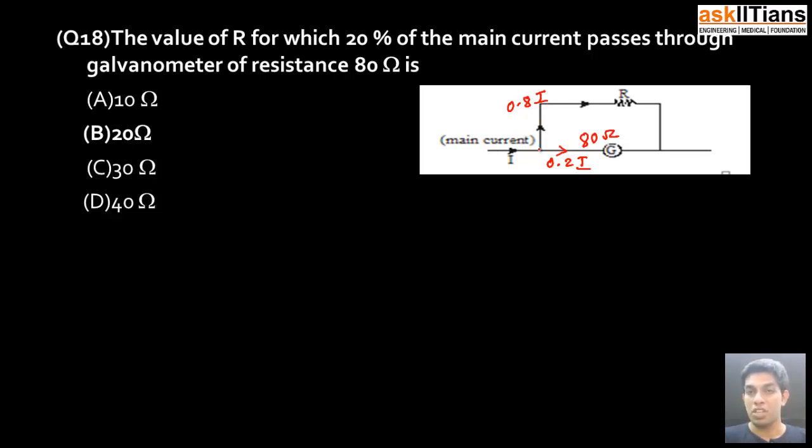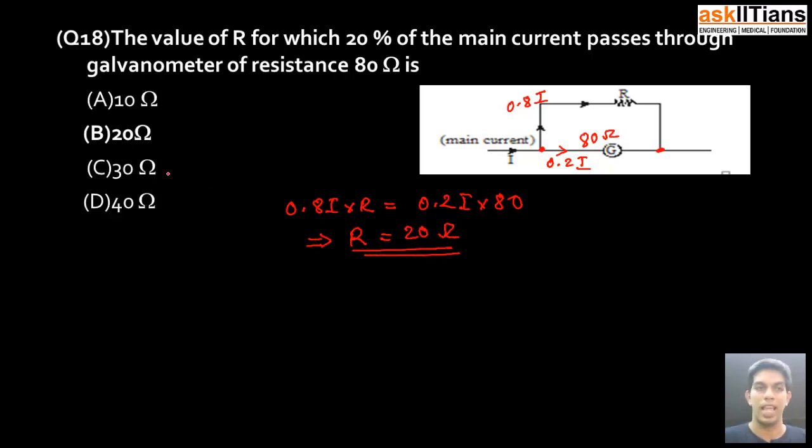So the potential difference across these 2 points needs to be the same. Hence 0.8 I into R is equal to 0.2 I into 80. With this, I can find R to be 20 ohm. Hence B is the correct answer.